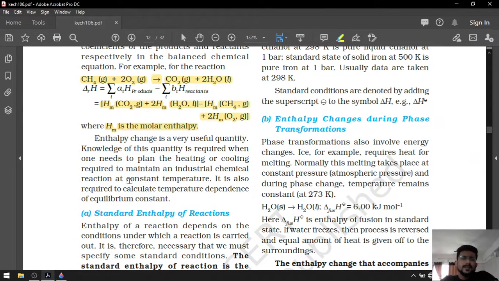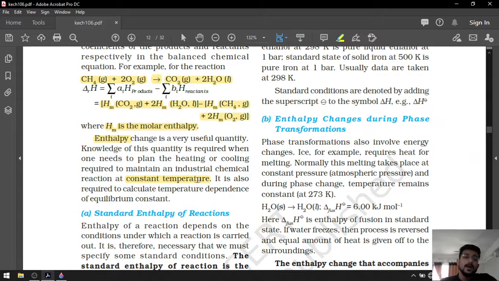Some reactions are exothermic, so they release heat, whereas some reactions are endothermic, so they absorb heat. In a particular reaction, how much energy is released and how much is absorbed will decide whether we have to heat or cool to maintain a constant temperature.